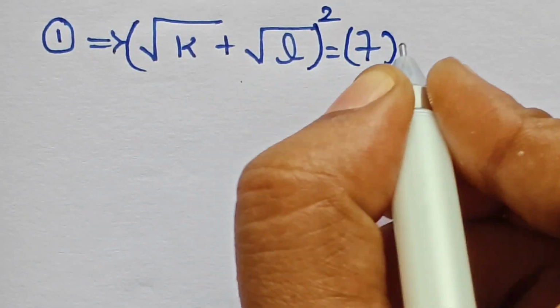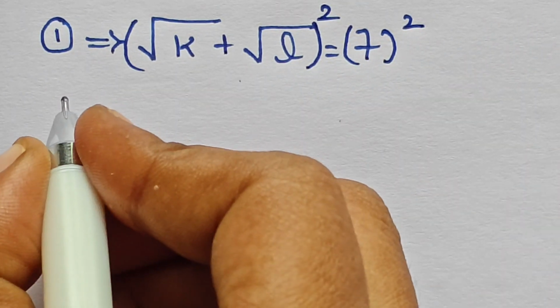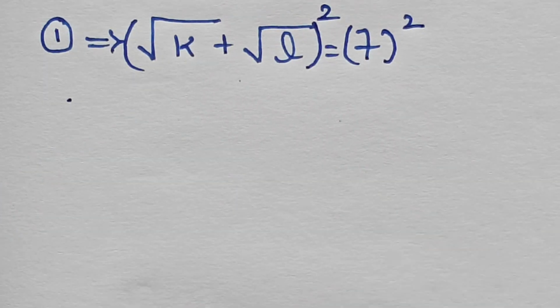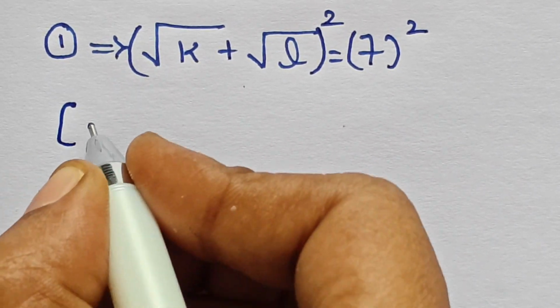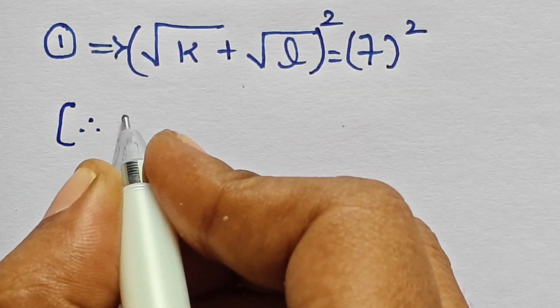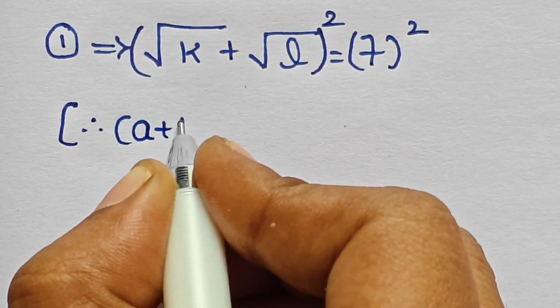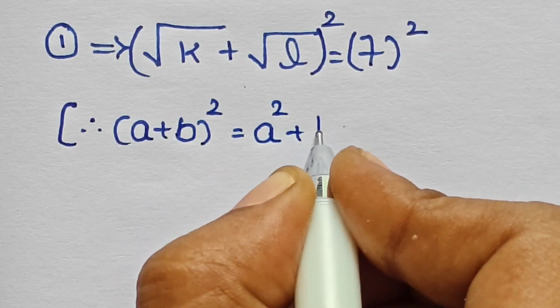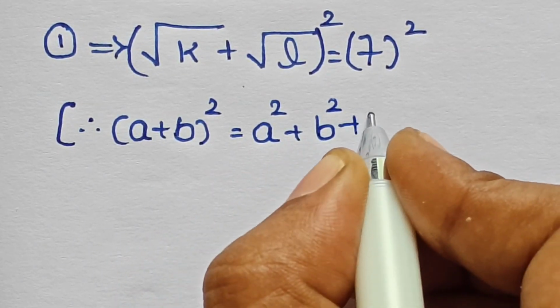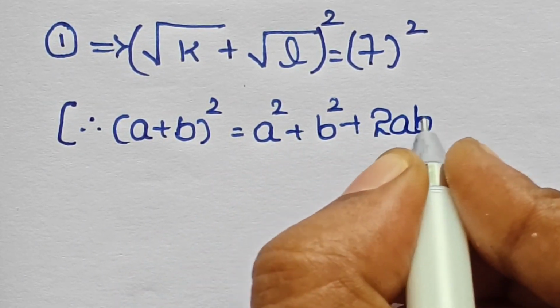Squaring on both sides. Therefore, (a plus b) whole square is equal to a square plus b square plus 2ab.